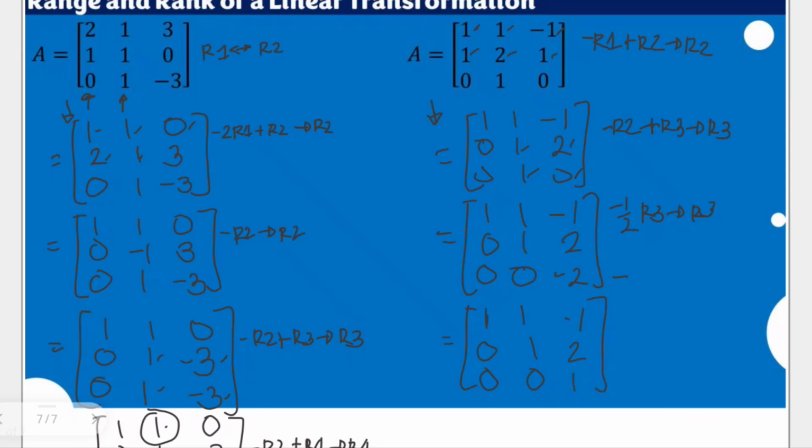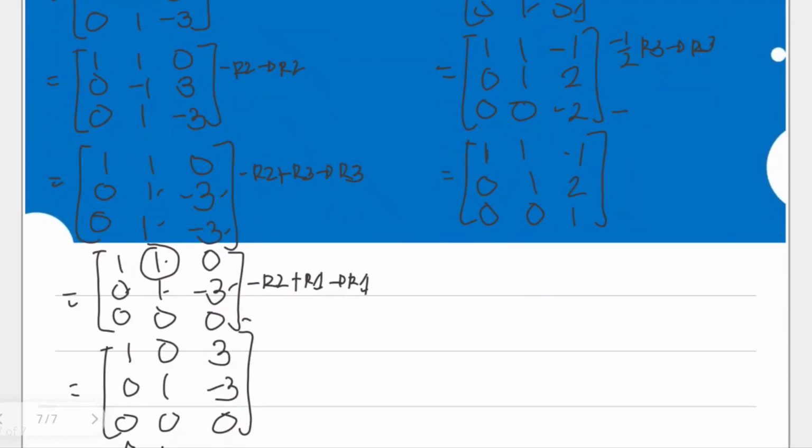Okay, this is still the row echelon form. We need to make these entries 0 as well as this, because the reduced row echelon form means that the columns with leading 1 should have no other entries aside from 0.